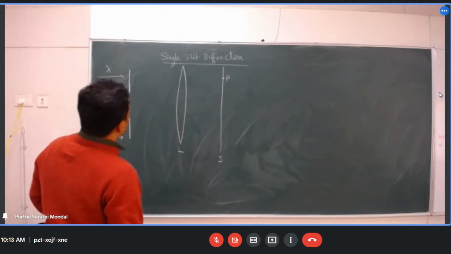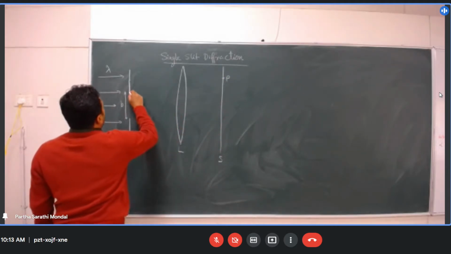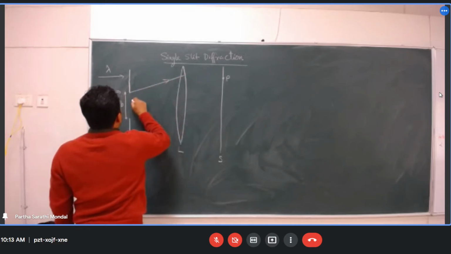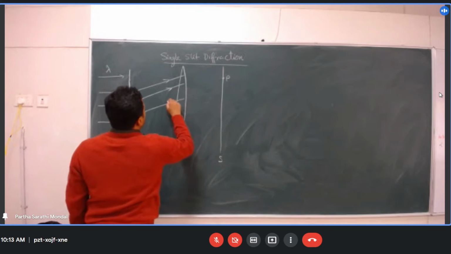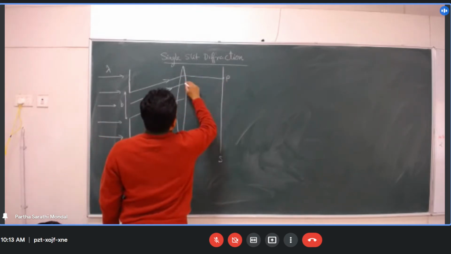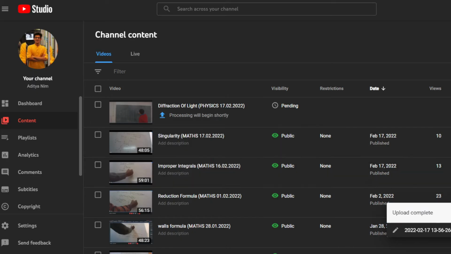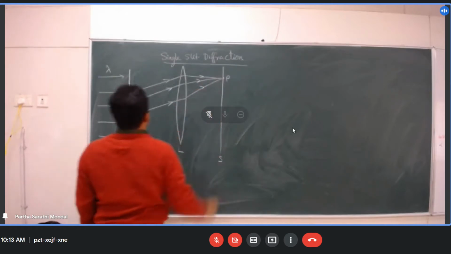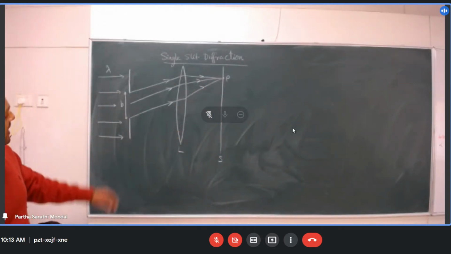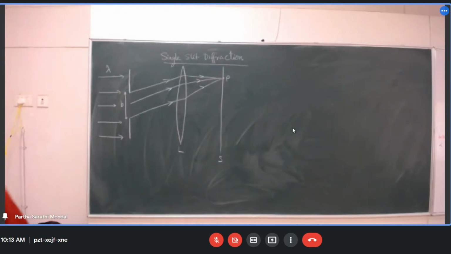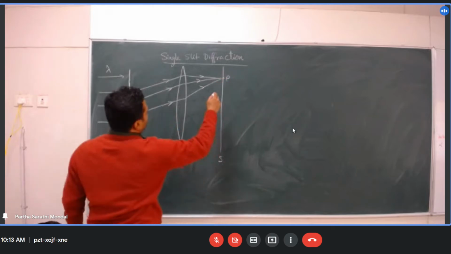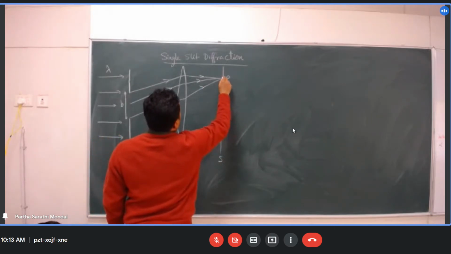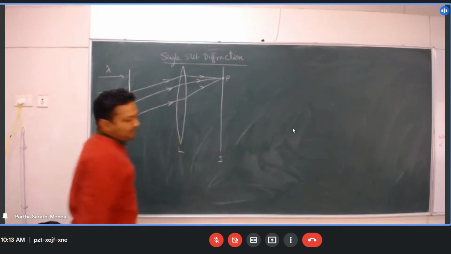So we have to find out what is the total intensity at P from this diffraction slit. Suppose I want to say that P is a particular point.